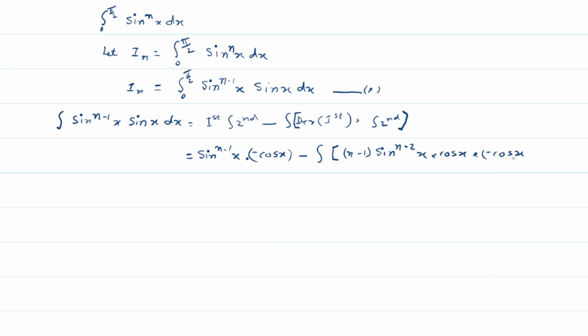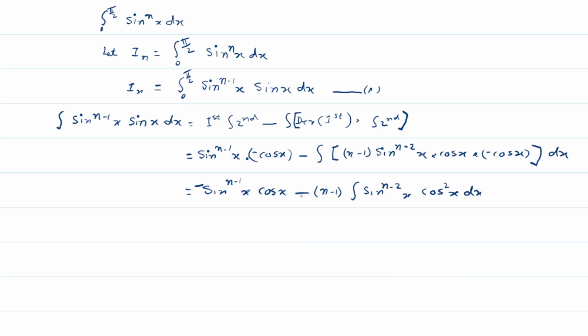And this is equivalent to sine raised to n minus 1 x times cos x, with no change. The negative will be here, minus n minus 1 outside, the integral of sine raised to n minus 2 x cos square x dx.